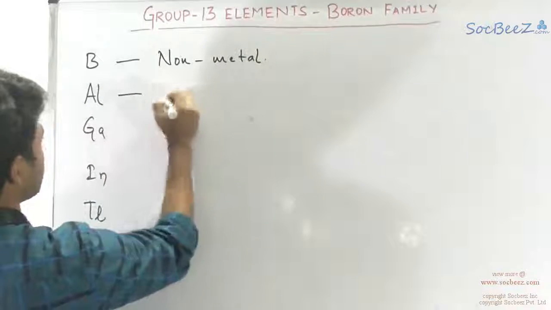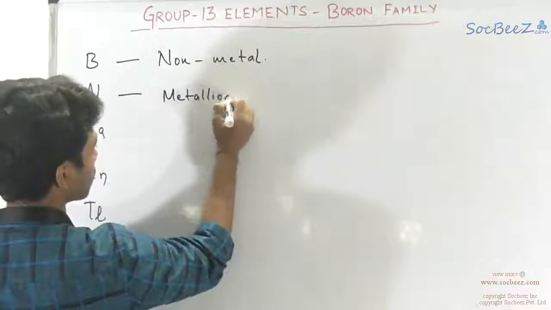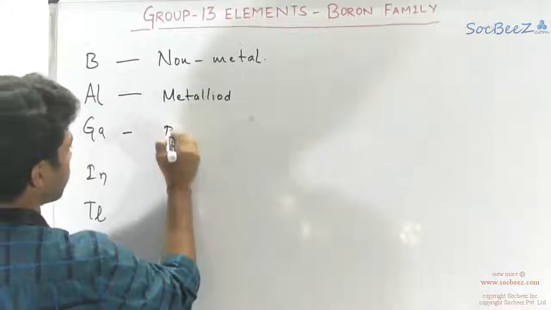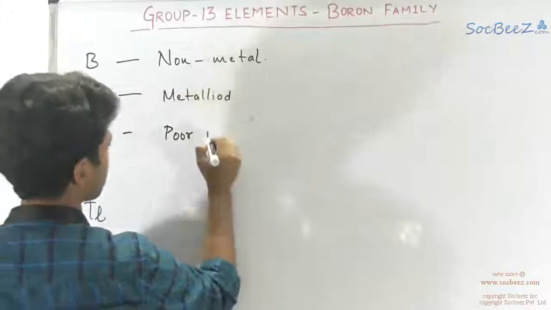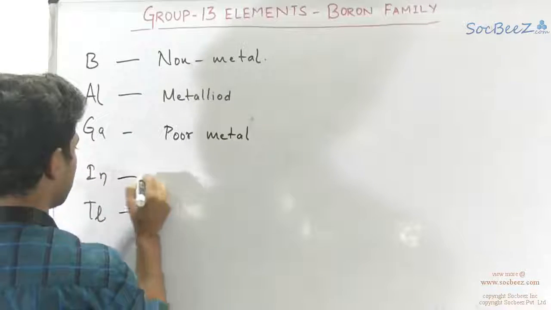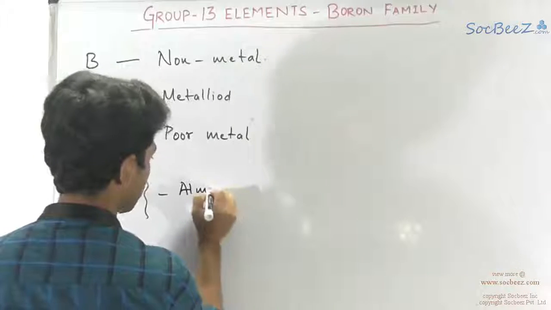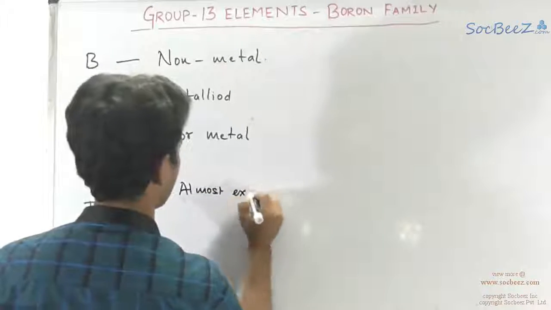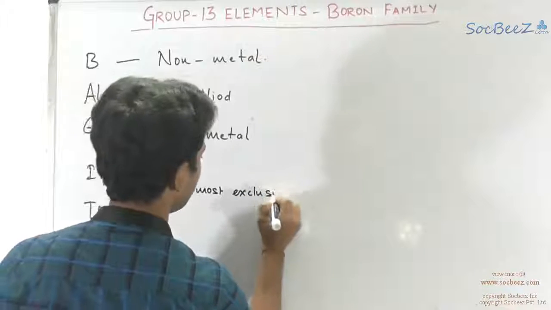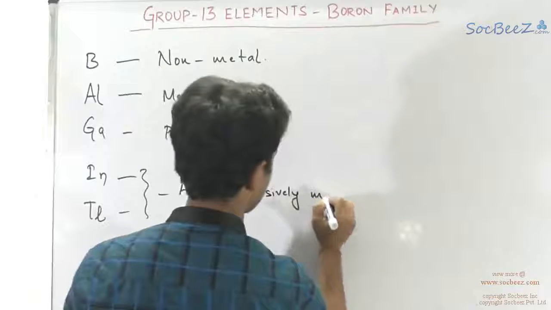Aluminium is a metalloid. This is a poor metal. And indium and thallium are almost exclusively metals.